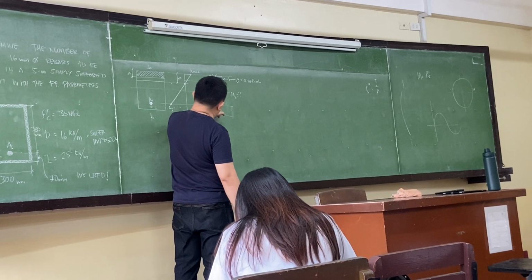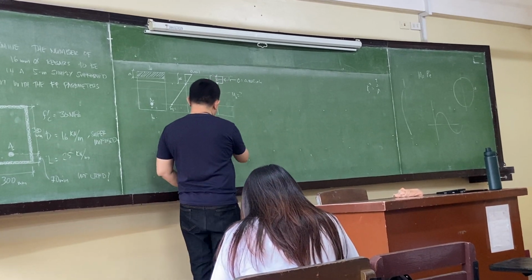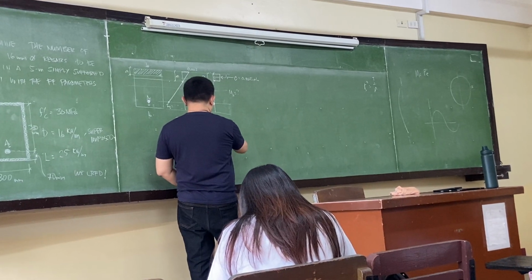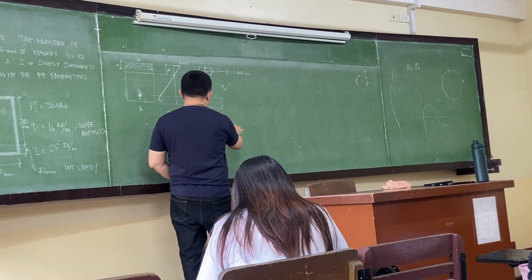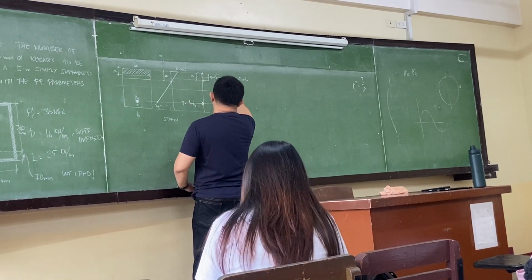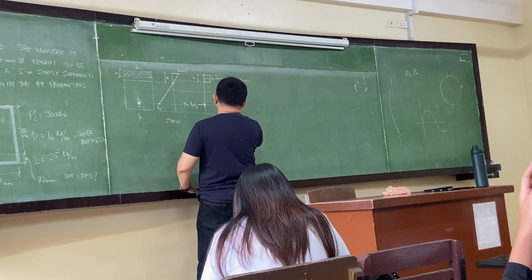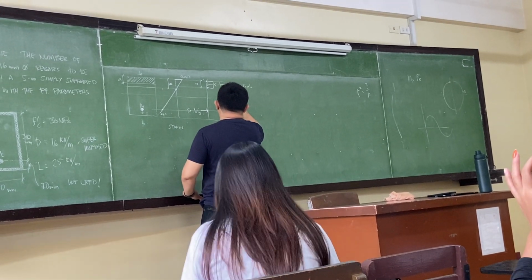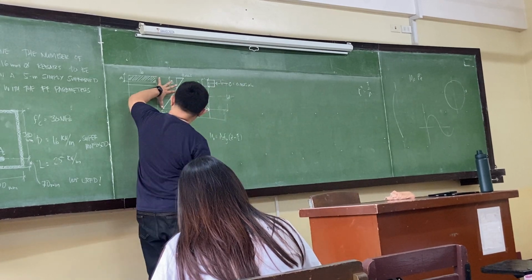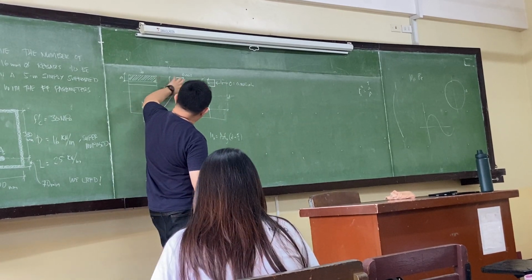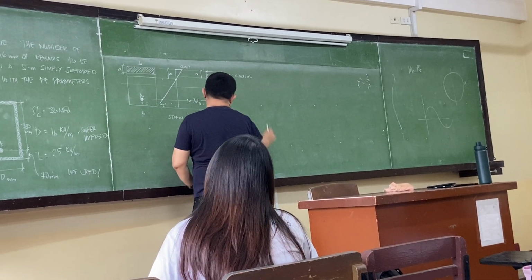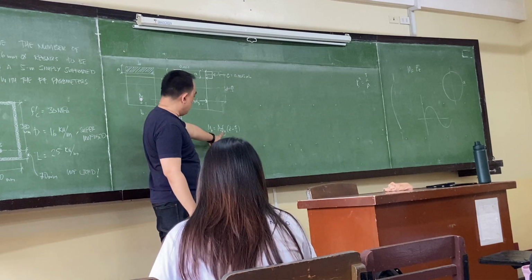So in that case, your Mn is equal to As Fy times d minus a over 2, no? Because this distance here is your d, and then a over 2 is the other distance. That's why you have your a over 2 there. Sorry.